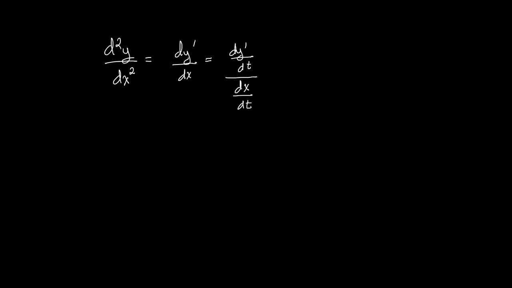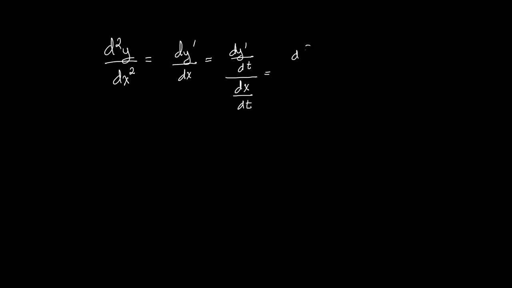So let's go ahead now and determine the second derivative. If we're looking for d squared y over dx squared, this will be equal to the derivative of dy/dx over dx. The derivative of dy/dx with respect to t, all over dx over dt.